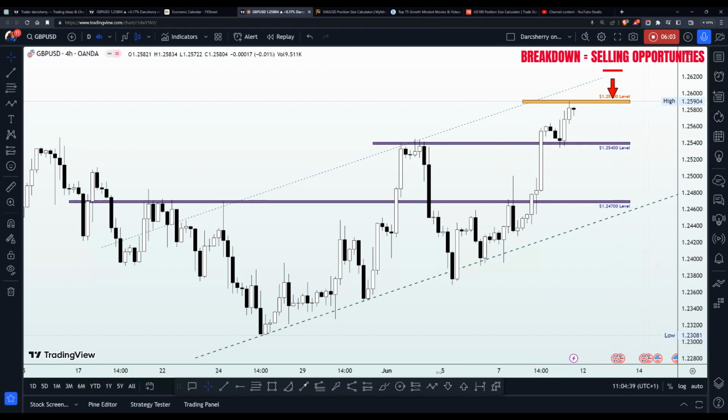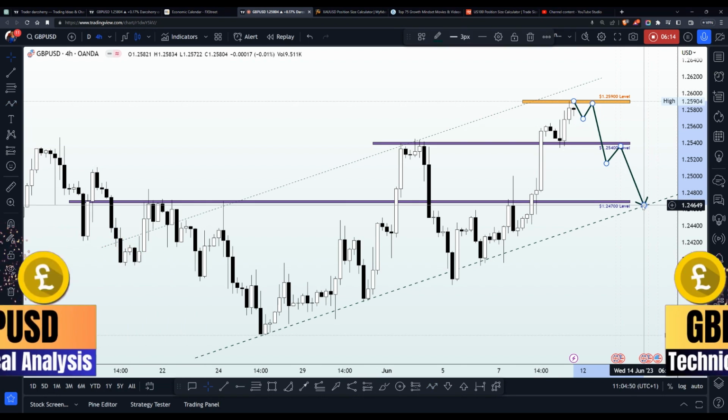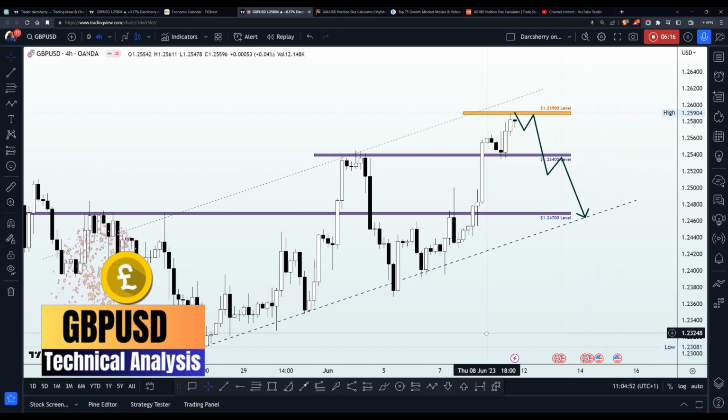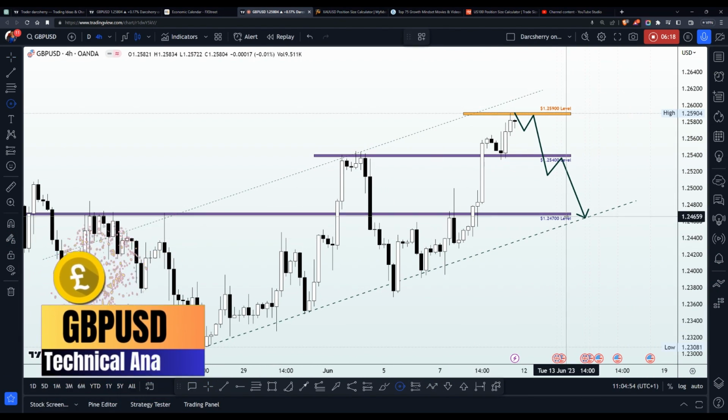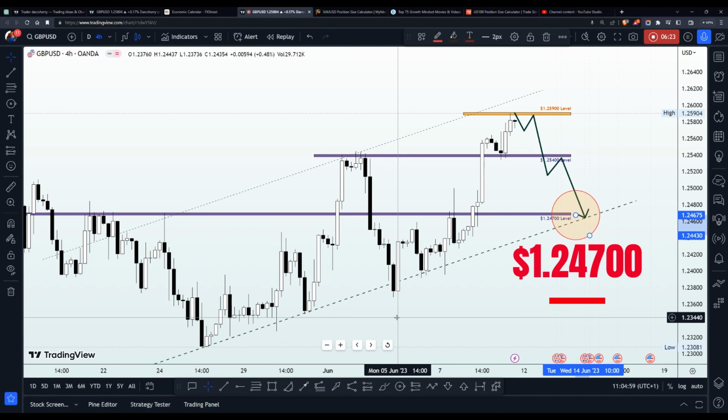However, if price action continues to find selling pressure below the structure, there is a tendency that price could drop further to the downside, probably into the support line of that ascending channel, where it also shares a confluence with its key level at the 1.24700 level.